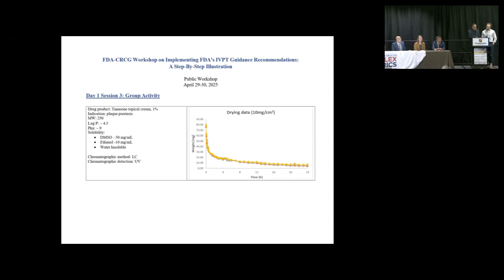So I just want to go over the initial method, and then I will hand it over to Ross. Just like the other group members discussed, we look at the sensitivity of the method, whether to go for LCUV or a mass spec, depending upon the sensitivity that you need.